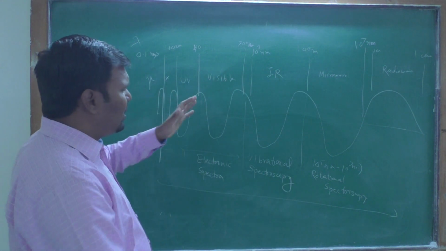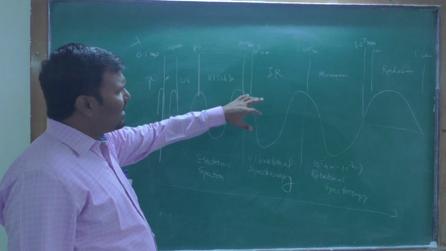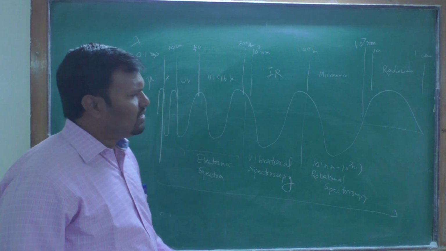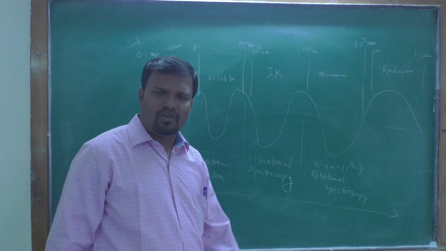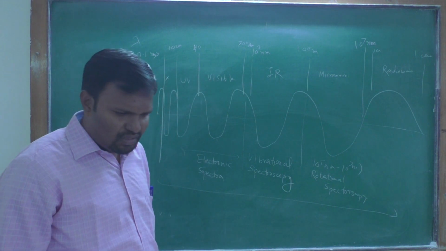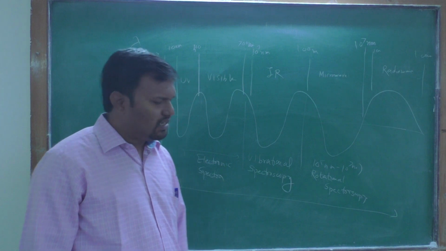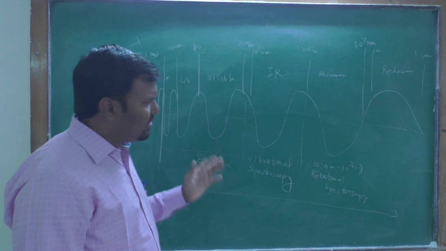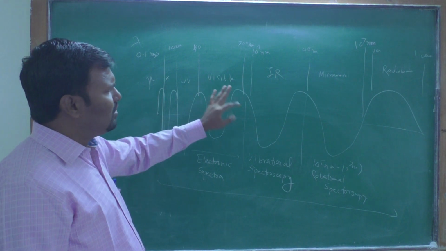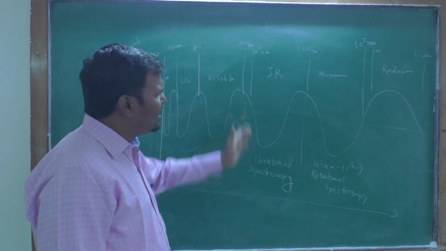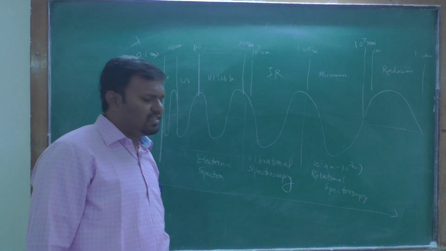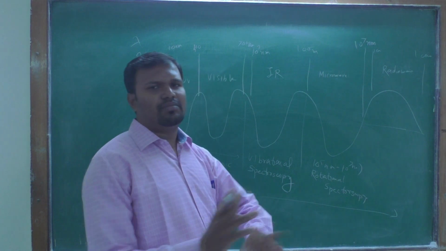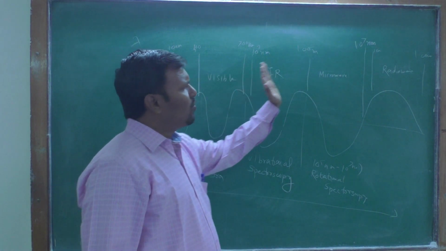The boundaries of this radiation, that is IR and microwave, are not precise. They can be somewhat changeable. Very important: this is arbitrary and imprecise, there is some variation at the boundary between IR and microwave.